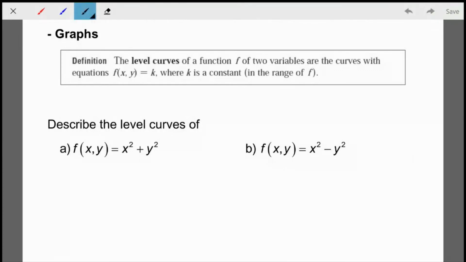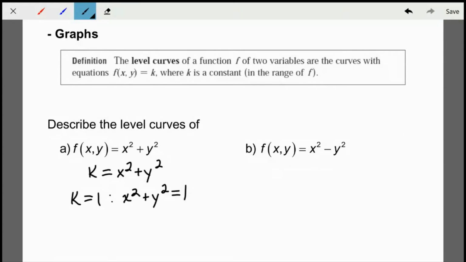Well, what we're going to do is we're going to define different values to represent, in this case, the left side of the function. So for example, we would say k is equal to x squared plus y squared for my level curves. Well, let's let k equal 1. And if we let k equal 1, that means we have x squared plus y squared is equal to 1.